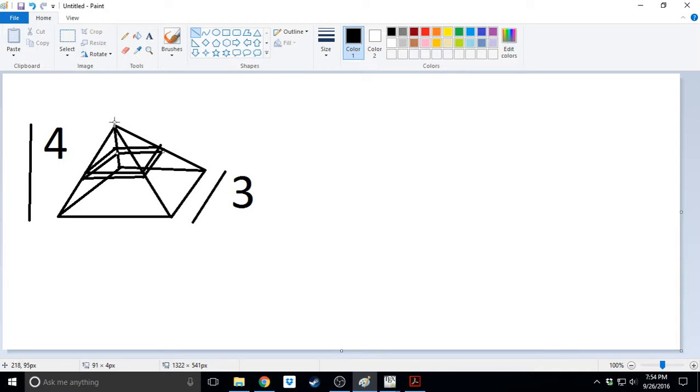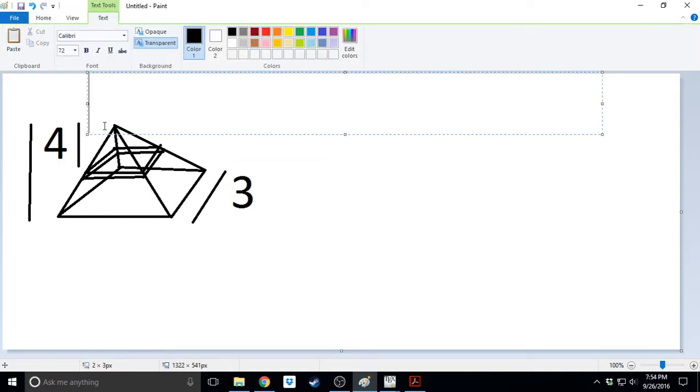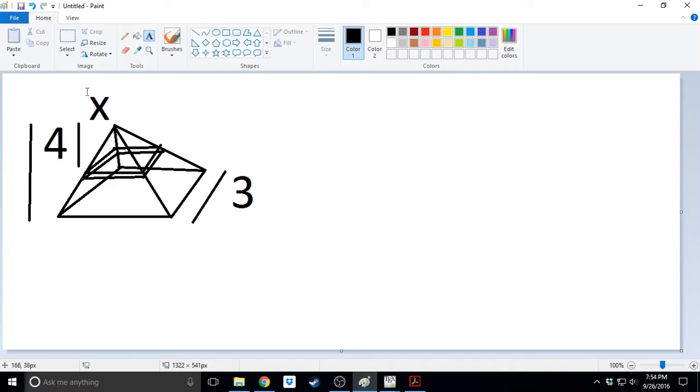Now, we have a triangle relation here. We have a relationship of 4 to 3 between the height and the base. So that means that the height and the base of this chunk that we just selected, this rectangular prism, this square coin that we cut out of it, if it's x away from the top, then it's going to be 3/4 of x in the base.